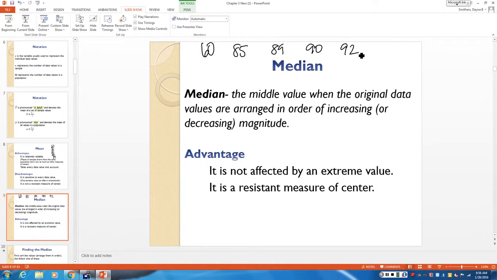So what's the physical middle number? 89. That probably better represents this person in this case, right? That's how you would get the median. It's the physical middle number.